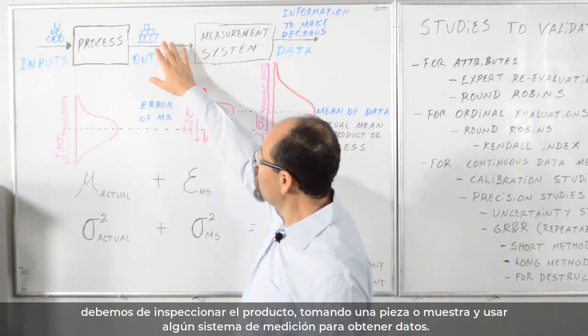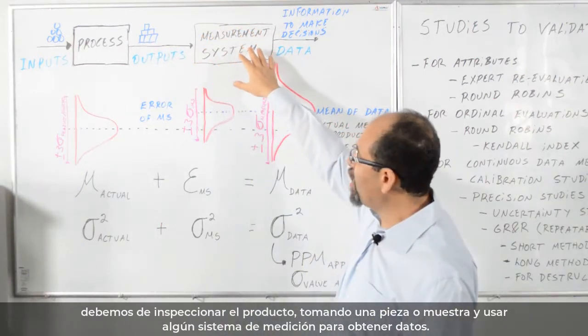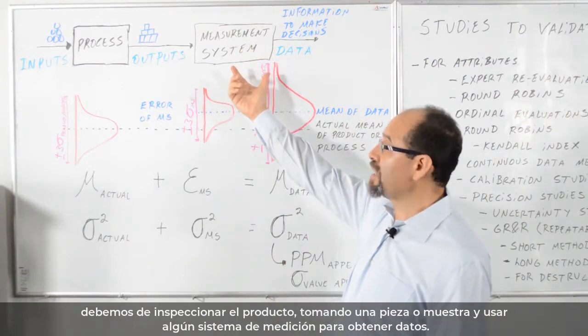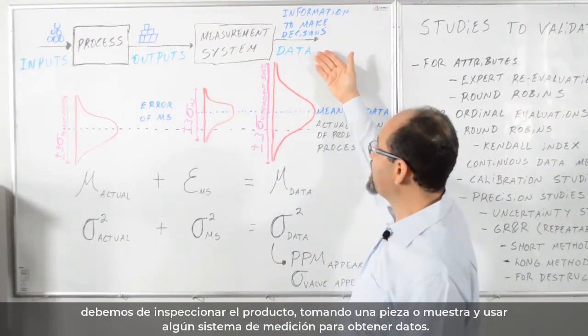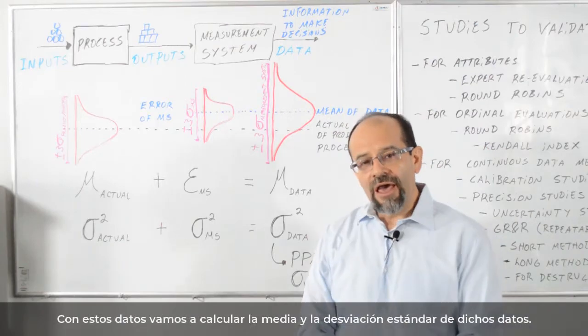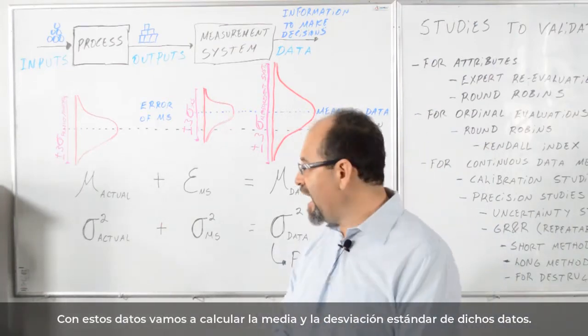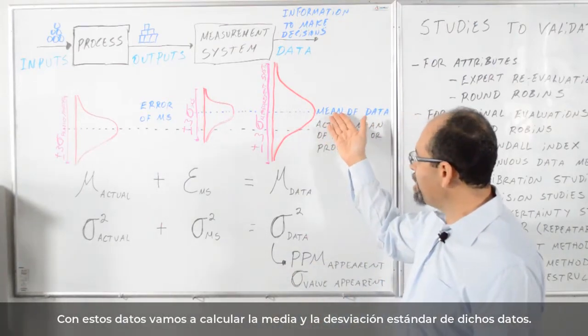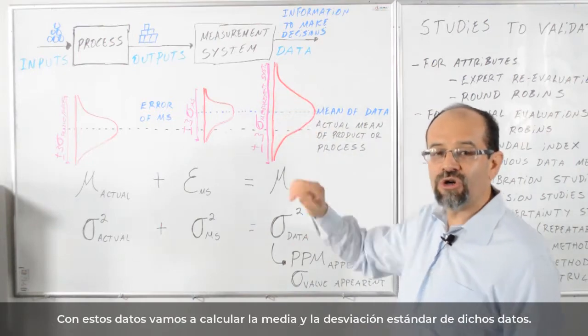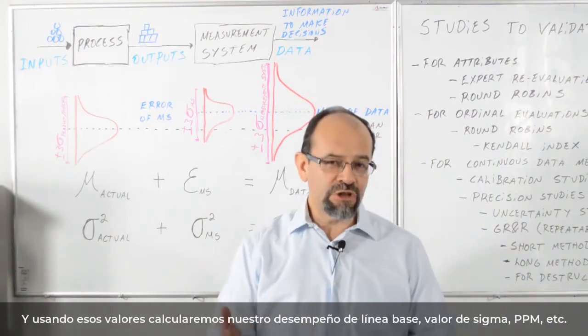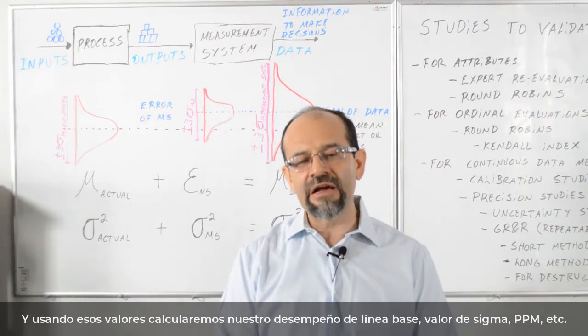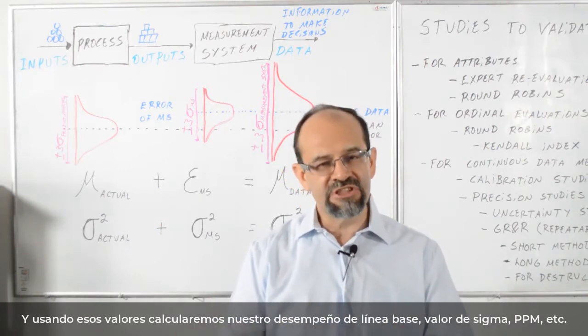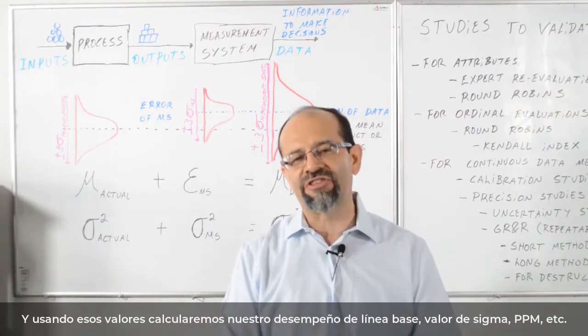Then what we have to do is to take the part and use a measurement system to obtain data. With the data that we are obtaining, we are going to calculate a mean and a standard deviation of the data. And using those values, we will be calculating our baseline performance, sigma value, PPMs, etc.